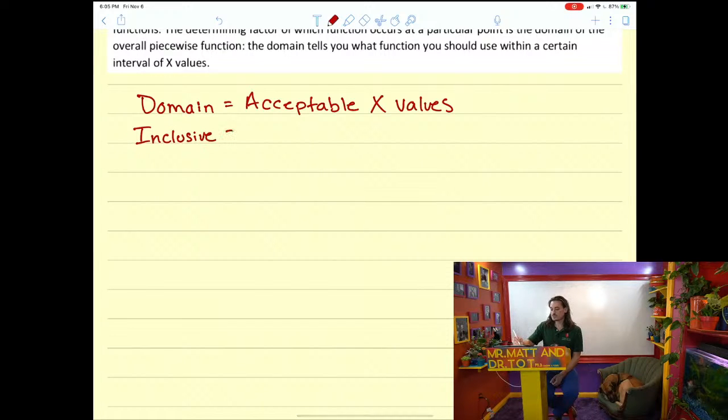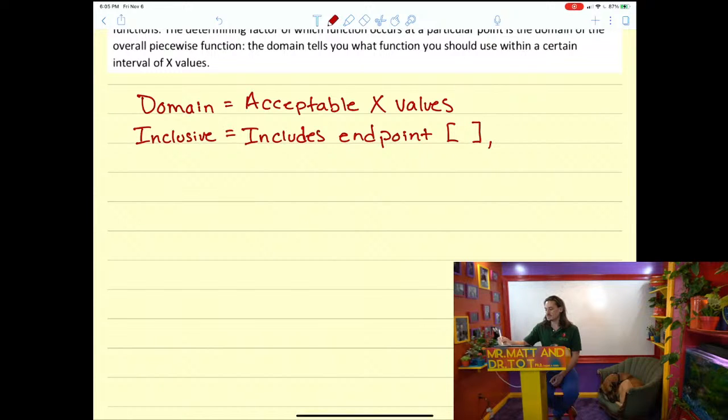An inclusive domain means that it includes the endpoint, or that particular endpoint, and that's often given as either brackets or the less than or equal to sign or the greater than or equal to sign. So the or equals to means that you can include that endpoint in your consideration.